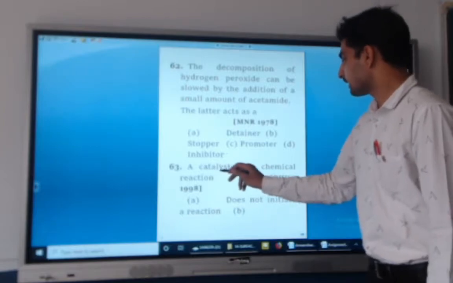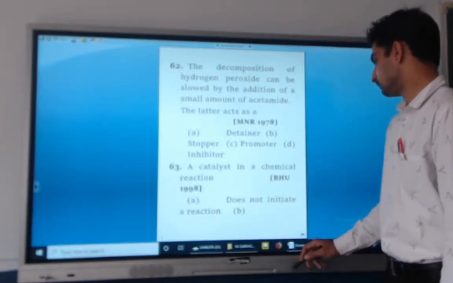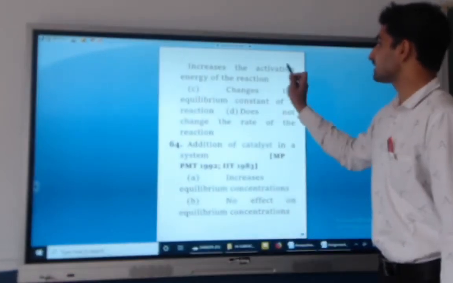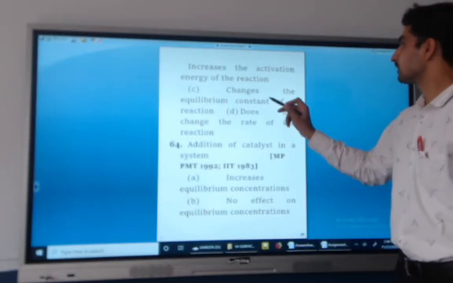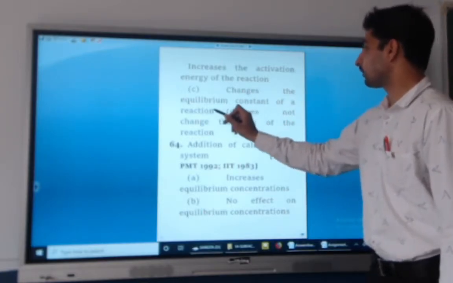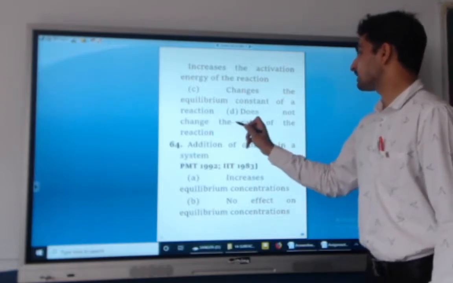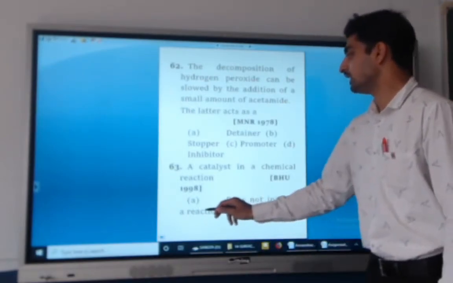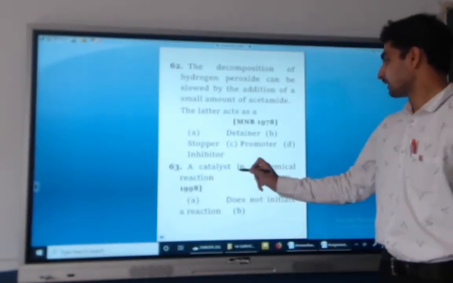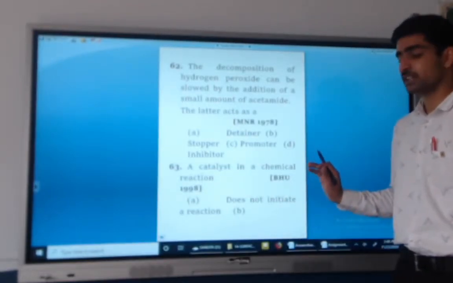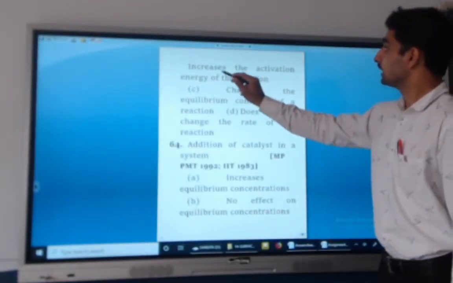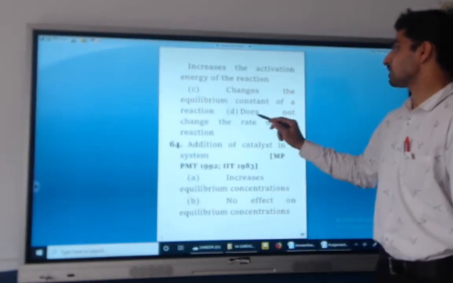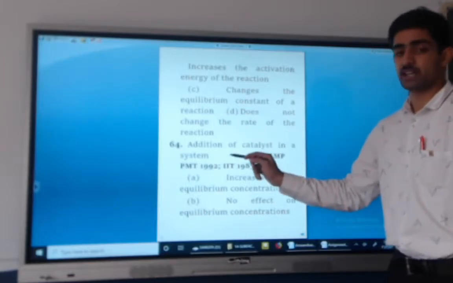Next question. A catalyst in a chemical reaction does not initiate a reaction, increases the activation energy of the reaction, changes the equilibrium constant of a reaction, does not change the rate of reaction.